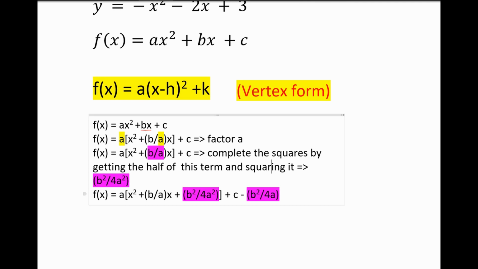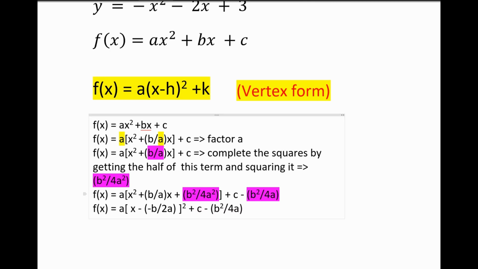So it's like adding b squared all over 4a on this part and then subtracting b squared all over 4a on this part. If we add something, for example, we add 4, we need to subtract 4 so that we can maintain the value of this function. So the same thing here. We've added b squared all over 4a inside, and then we have to subtract b squared all over 4a on this side.